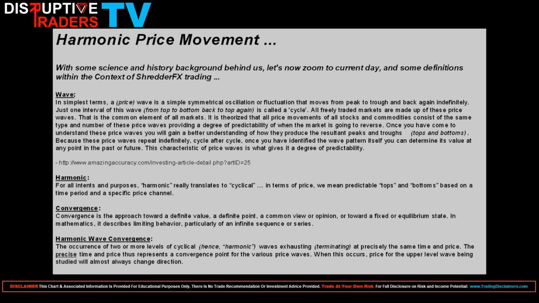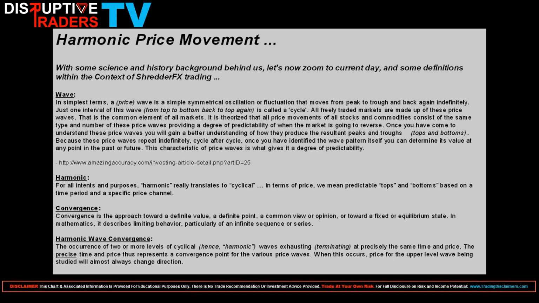Convergence is the approach towards a definitive value, a definite point, a common view or opinion, or towards a fixed or equilibrium state. In mathematics, it describes limiting behavior, particularly of an infinite sequence or series.